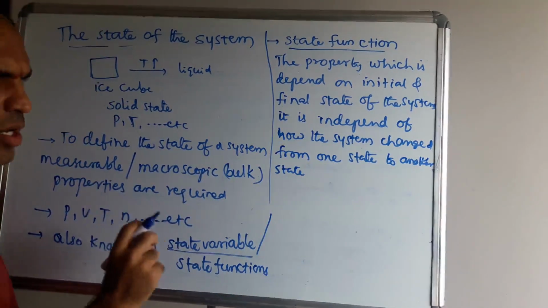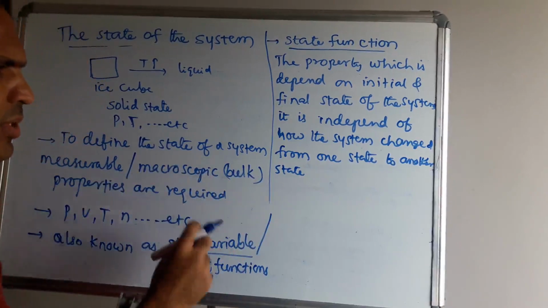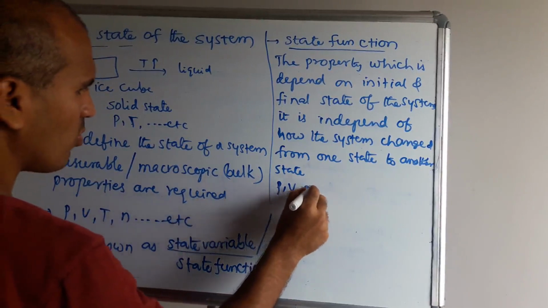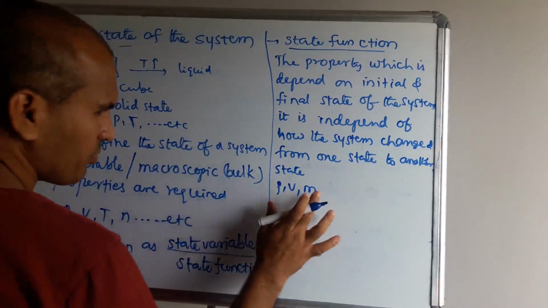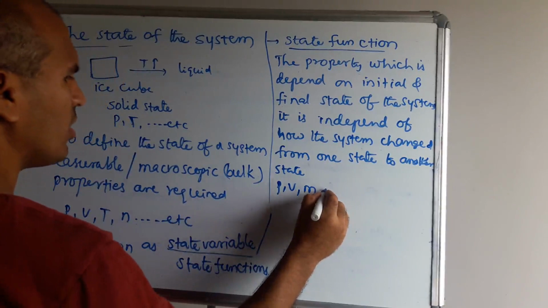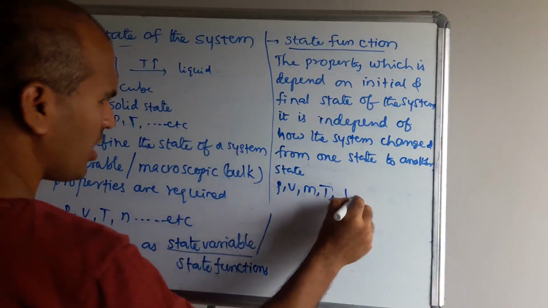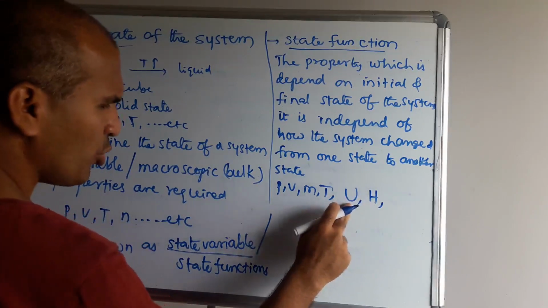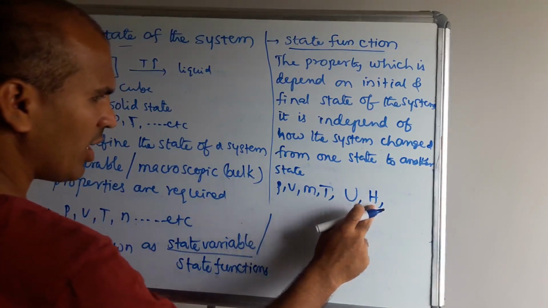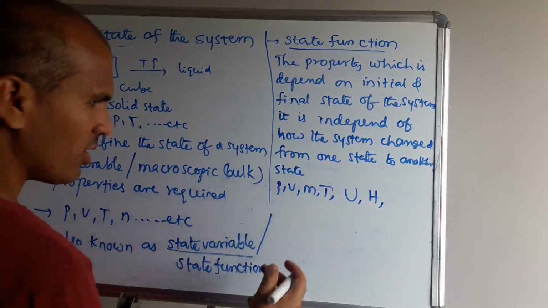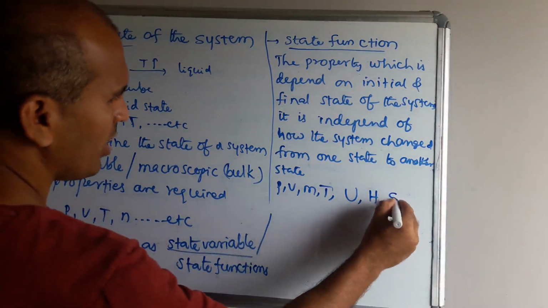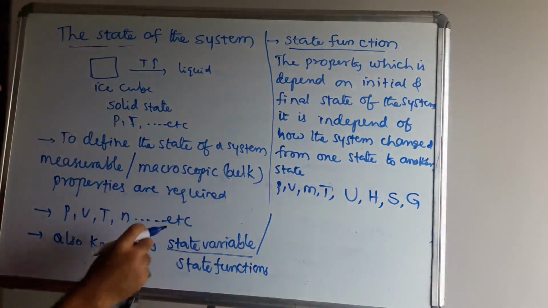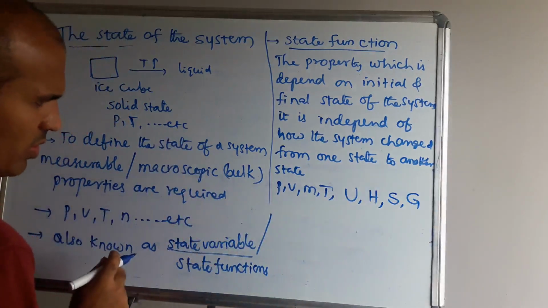It does not depend on how it is carried out. It depends on the initial and final state. Examples: pressure, volume, mass, temperature, internal energy, enthalpy. U means internal energy, H means enthalpy. Again, we will discuss next after this. And entropy, Gibbs energy. These are some examples of state functions.